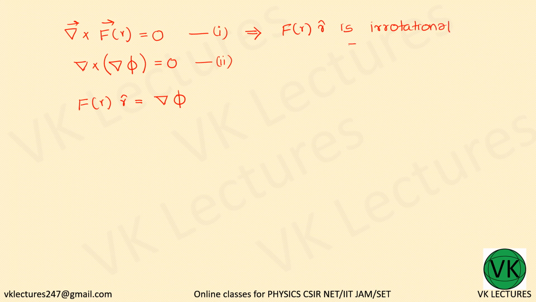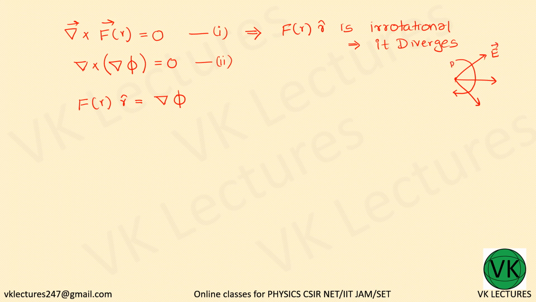Which means it diverges from a point. That is why it does not curl. It is moving, diverging away from a point. If it was curling around, that would be the magnetic field; this is an electric field.